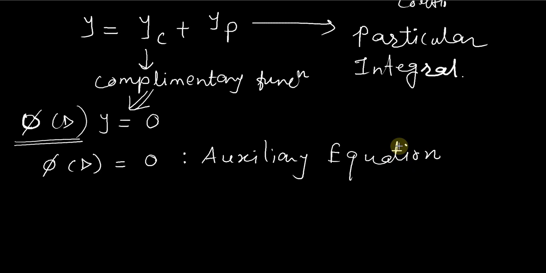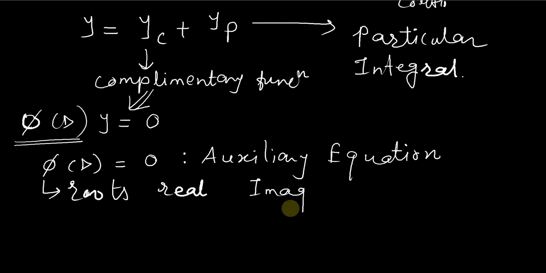Solution of this equation depends on roots, or values of D, roots of phi of D is equal to 0. Now when we say roots of a polynomial, the roots can be real and roots can be imaginary.